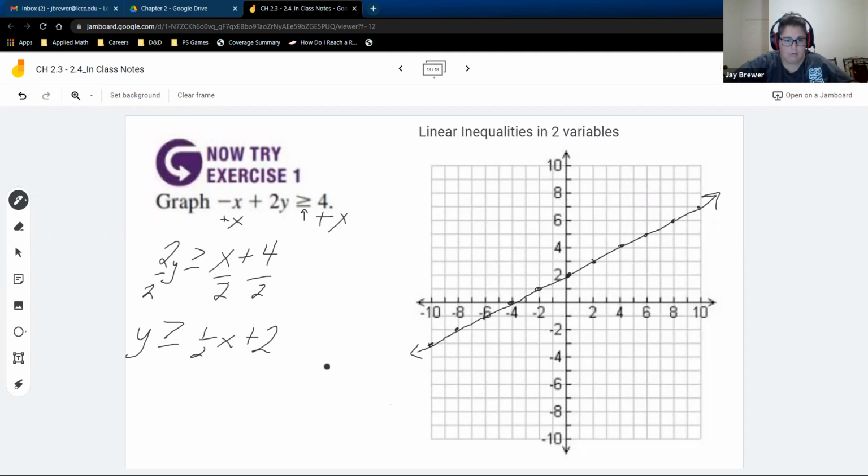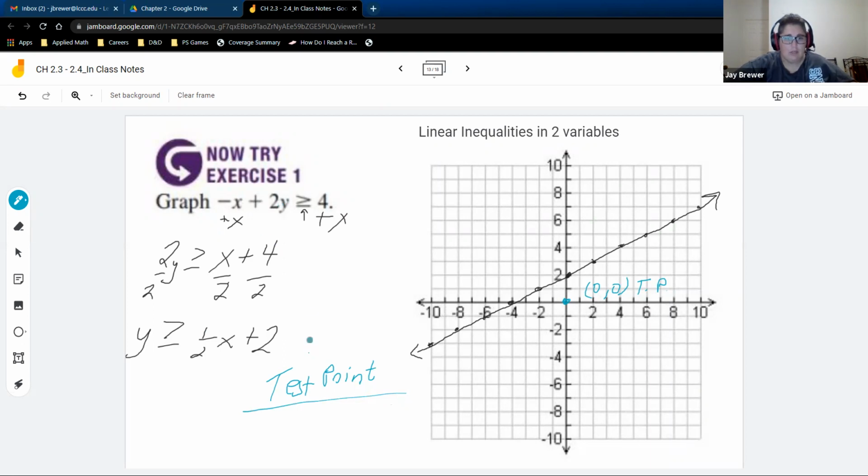I'm not going to label it, just because I need to also write in a test point here. As you can see here, 0, 0 is pretty far away. That's how I would write it on my test paper, TP, test point. And then you want to come over here and actually use it. This is just a good way to know how to shade.